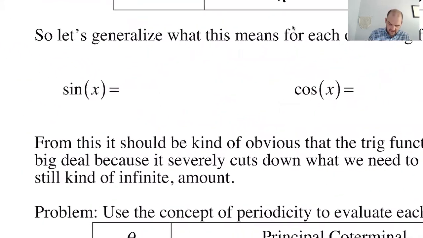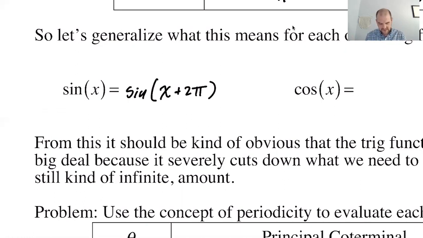Your brain plays the odds. So sine of x is actually going to be equal to the sine of x plus 2 pi. For example, the sine of pi over 6 is equal to the sine of 13 pi over 6, because if I add 2 pi to pi over 6, they end in the same place. They are coterminal angles.